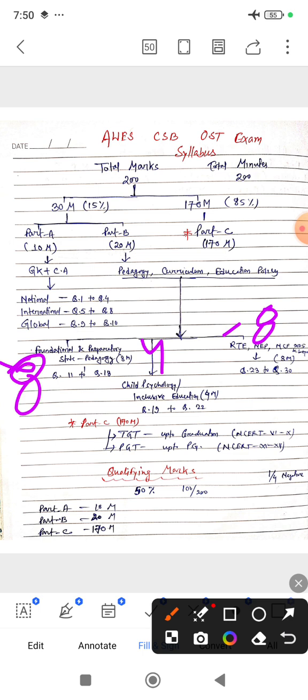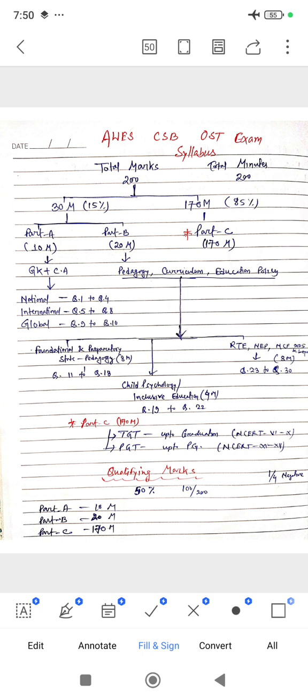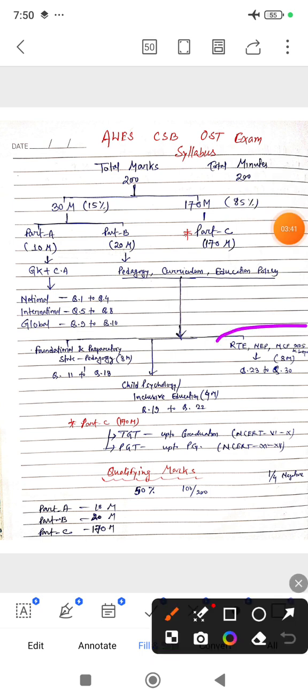You can prepare yourself with NEP, especially the stages and age groups, RTE, its implementation time, year, certain rules, and then NCF 2005. From here 8 questions would be there. So this is all about your 30 marks, or part A and part B.